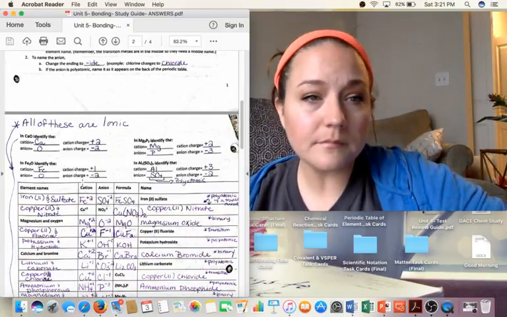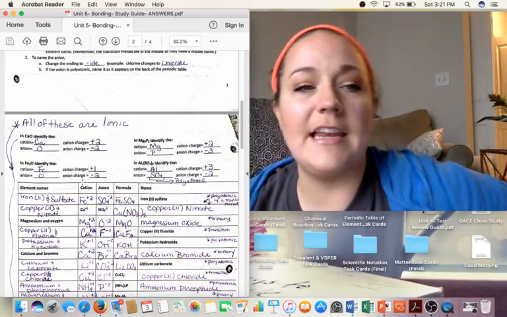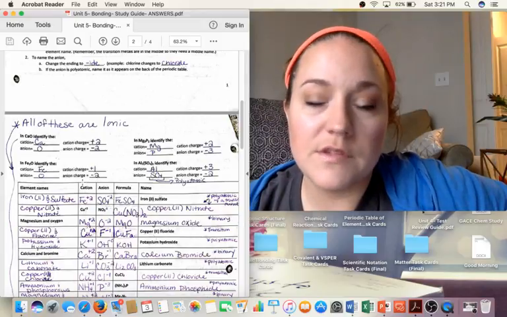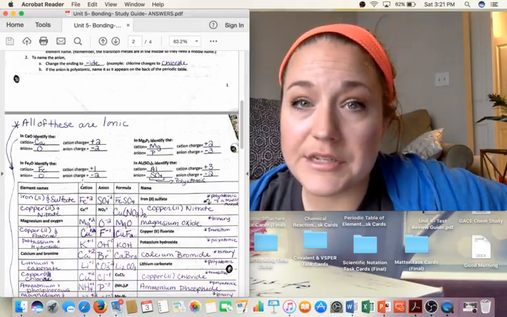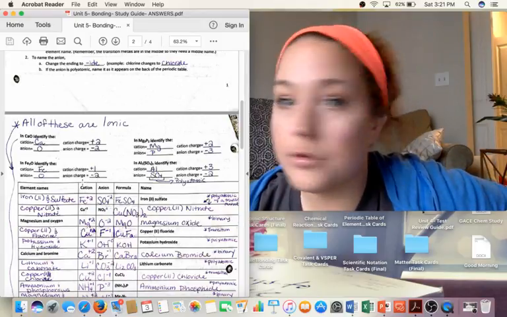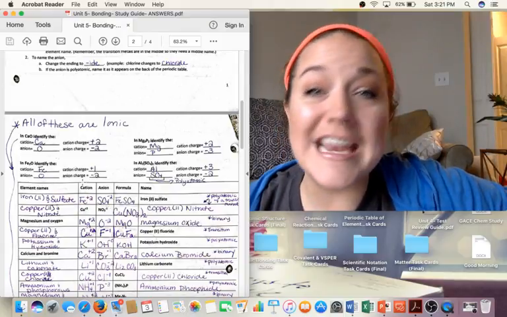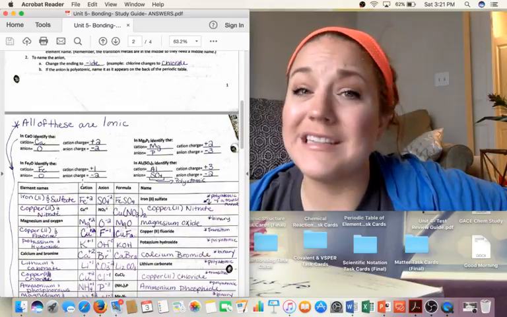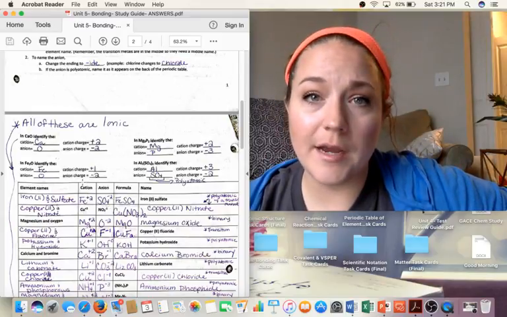B states that if any anion is a polyatomic, so the name that you see that appears on the back of the periodic table, you do not change it. You do not do anything to the polyatomics that are listed on the back of your periodic table.